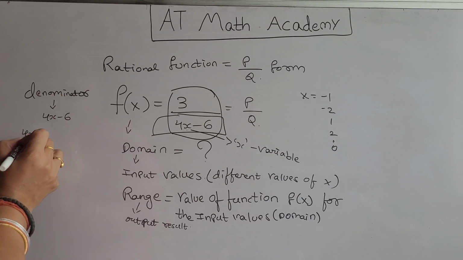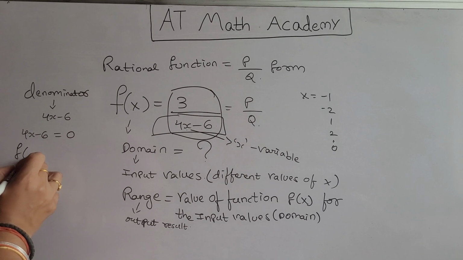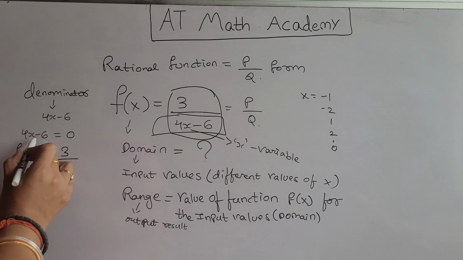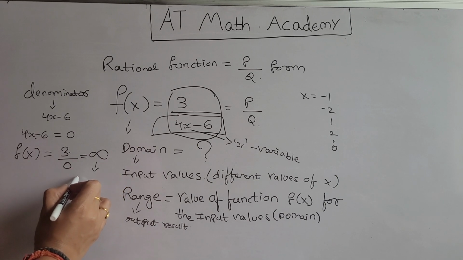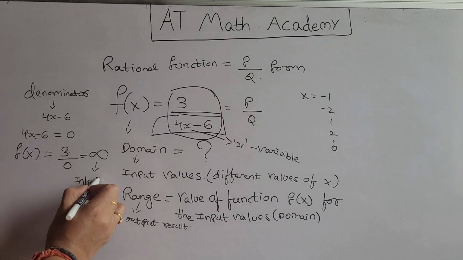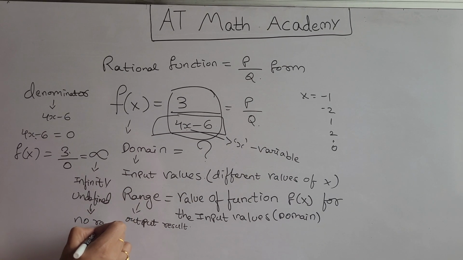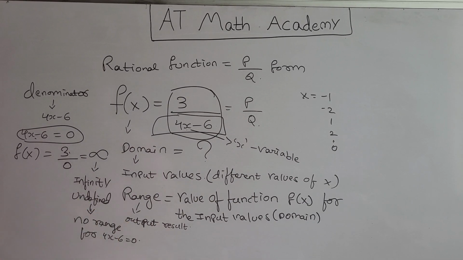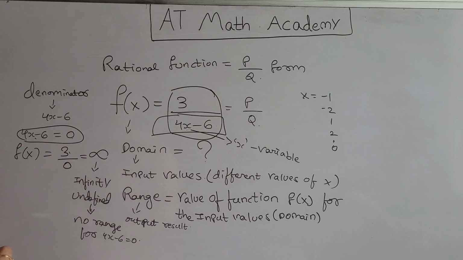So whenever we equate this denominator equal to 0, then the value of this function becomes f of x is 3 by 0, which is anything divided by 0 is infinity, and it is called undefined function, and it does not have a range for this particular x value for 4x minus 6 equal to 0. So I need to find out the x value for which this function is becoming infinity.